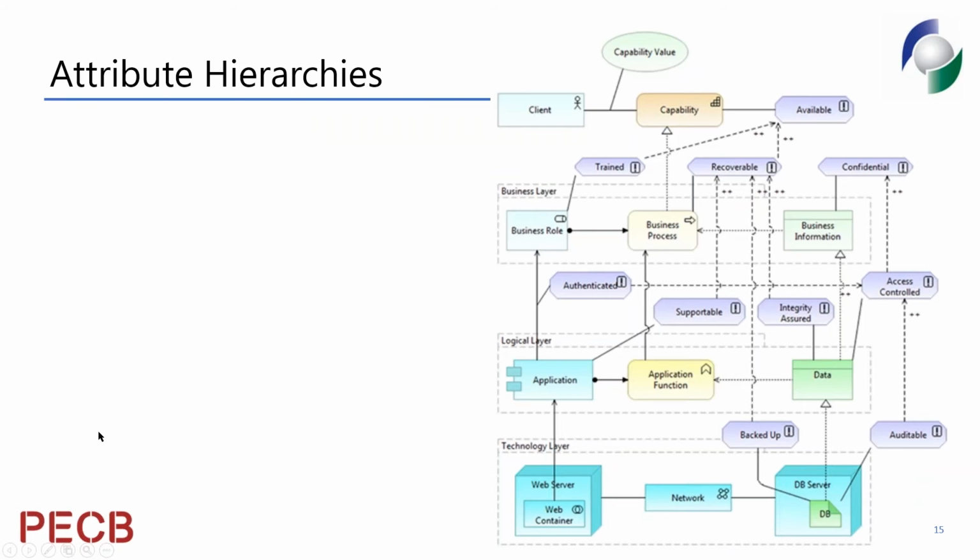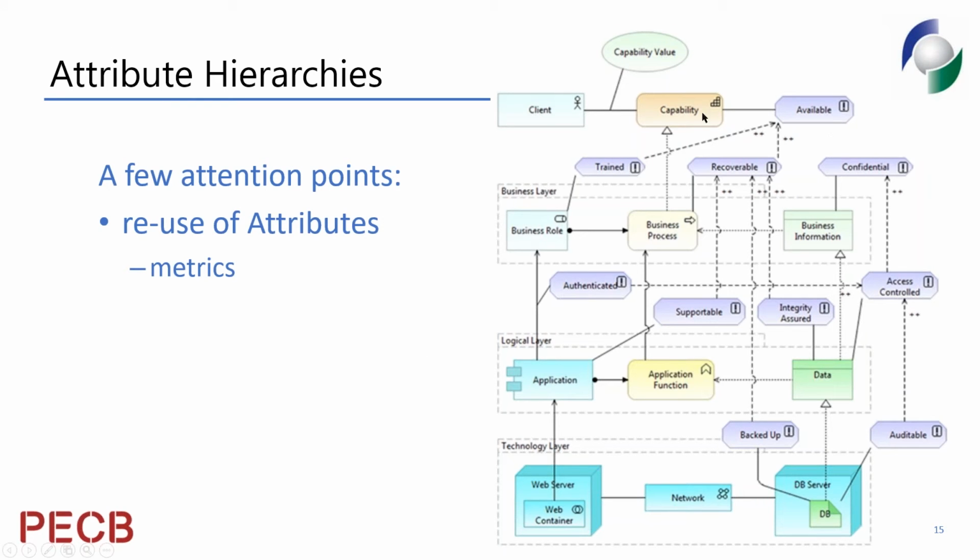And as a result of that, we start annotating our ArchiMate model with this kind of hierarchy of SABSA attributes, as you can see in this example here. So at the business level, we might say that our capabilities need to be available, which at the next level means that our business people need to be trained, that the process needs to be recoverable, which means at the logical layers we need authentication.